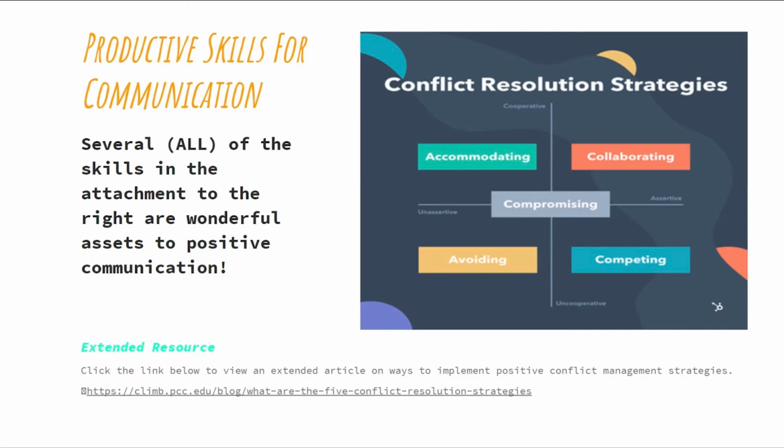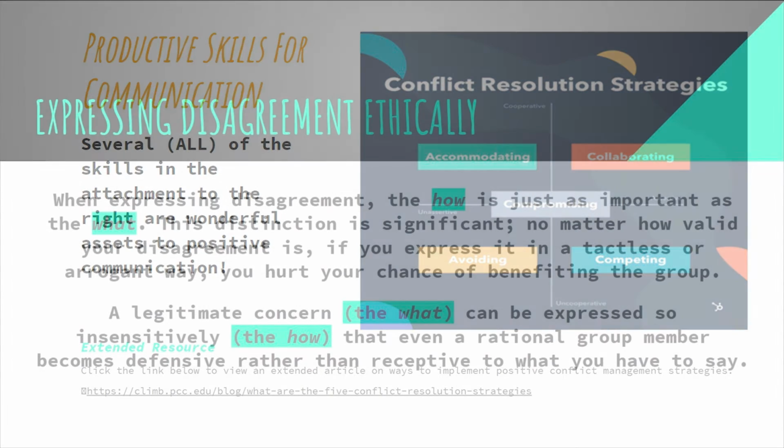The two top examples, accommodating and collaborating, are the two that we desire to use. Those are the two strategies that are the best. Compromising is in the middle because it literally means that you come to the middle. You compromise. Both parties give a little bit. And then the bottom two, avoiding and competing, are the two that you want to avoid because it just results in a negative ending.